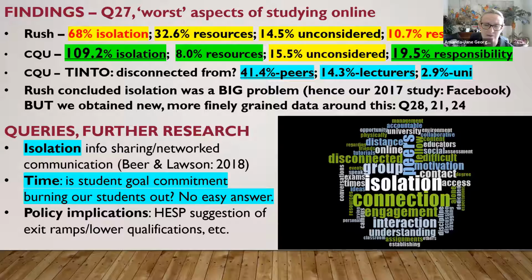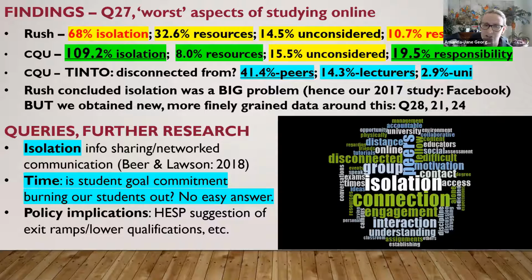We analysed the responses around Tinto's model, and by far it was connection to peers that was bothering students more than connection to lecturers or the university, although they did feel the lack of co-location more so with lecturers, oddly enough, than peers, which seemed to suggest that my idea of using Facebook might well fly in the sense of helping online students to feel more connected.